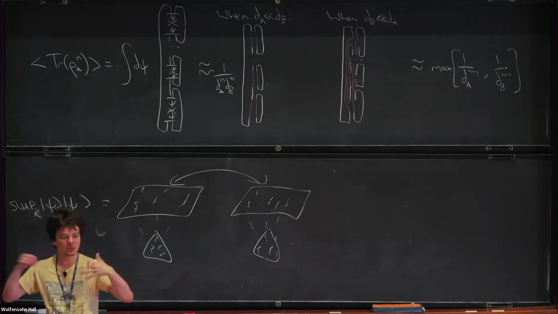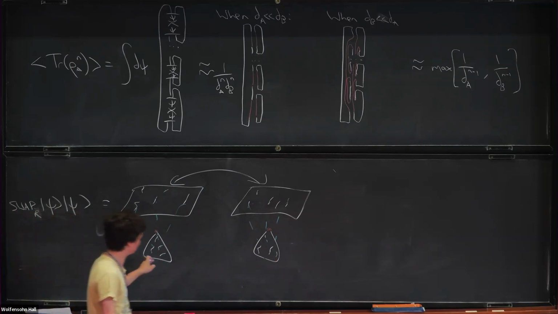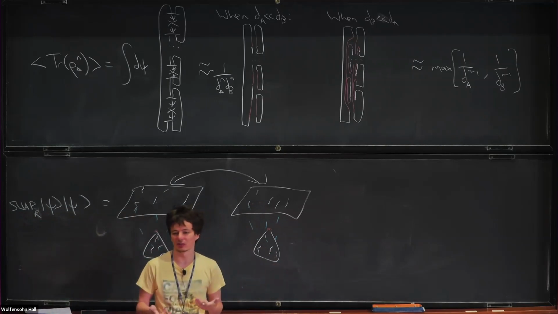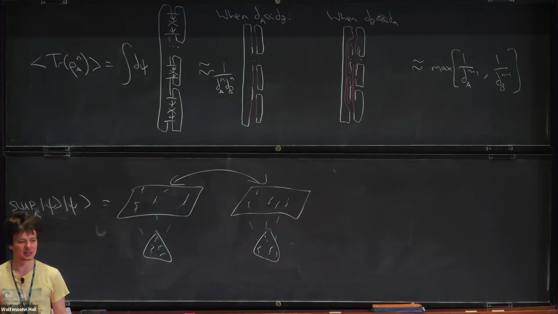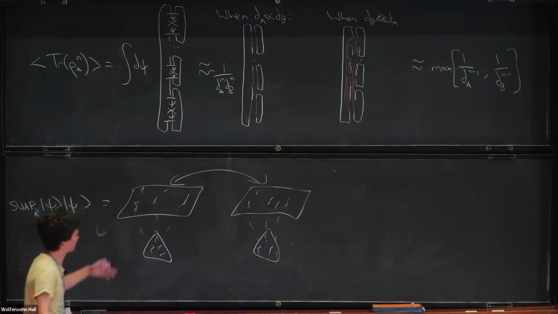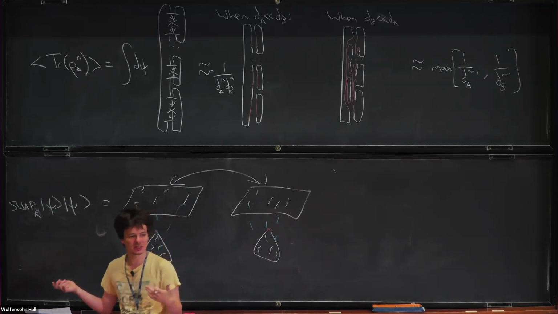There's no difference between those two descriptions if there's nothing that distinguishes these two interiors of the black hole. Geometrically, they look completely identical because we prepared those two states in exactly the same way. We swapped everything over, so there's no difference between the two states.